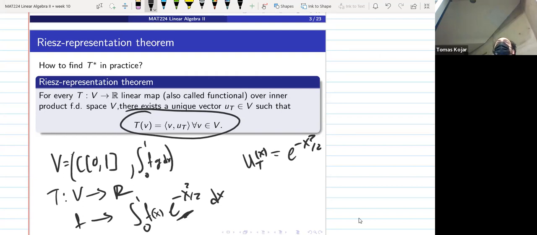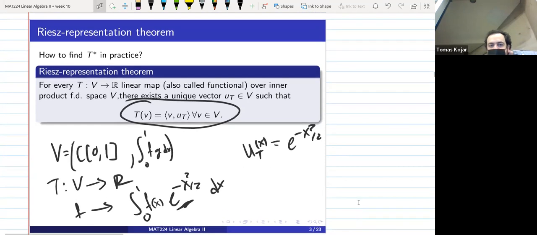The map is arbitrary; it has to be linear into the reals, but that's the power of the thing. It can be anything as long as it maps to the reals. It's insane. It's an amazing result with many generalizations, used in differential equations all over the place.